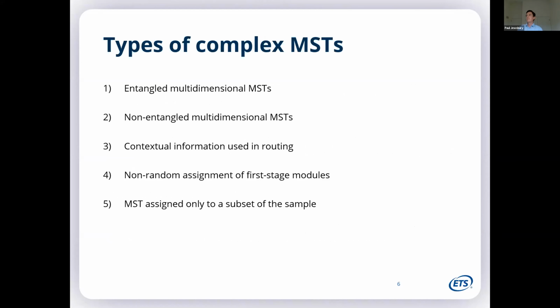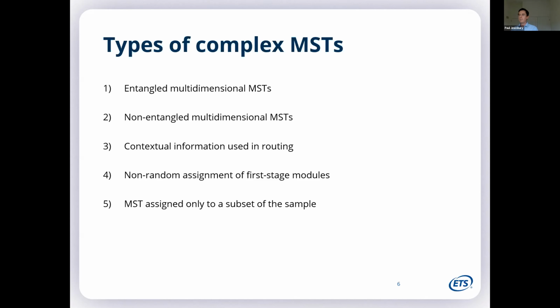So in order to understand this and to recommend what sort of procedures we should be using for item calibration, I've defined 5 types of complex MSTs. And these definitions are with respect to the implications from missing data theory. The first type is entangled multidimensional MSTs, the second type non-entangled multidimensional MSTs.